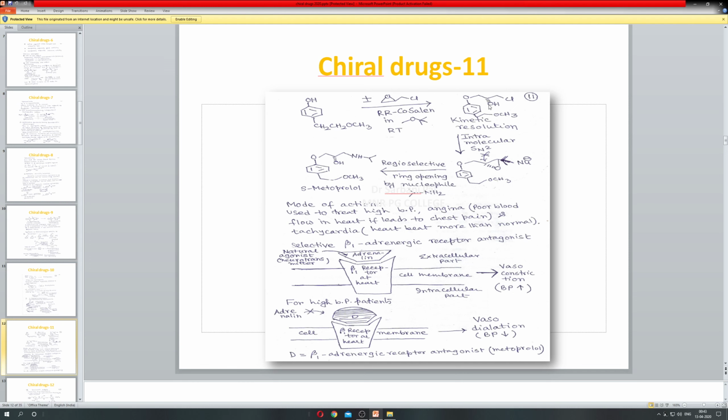So this enantiomer will be useful for the synthesis of Metoprolol. Now we will have another intramolecular SN2 reaction. This nucleophile will attack here and the epoxide ring will open up.